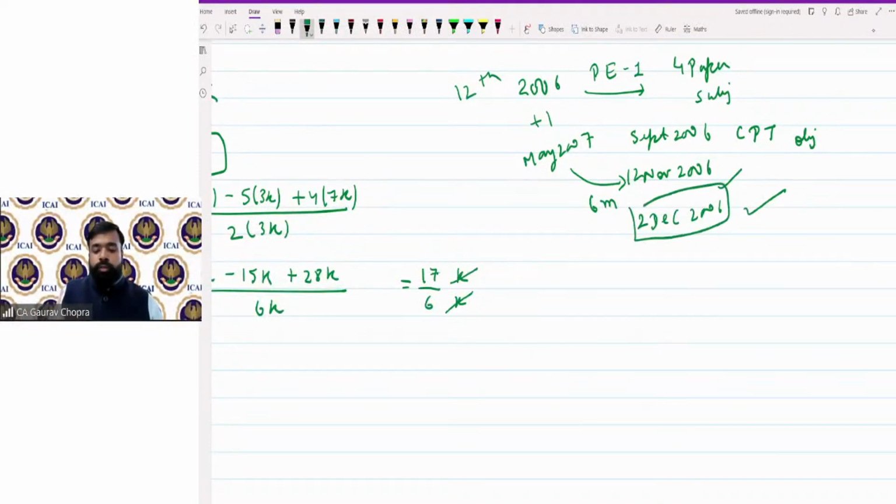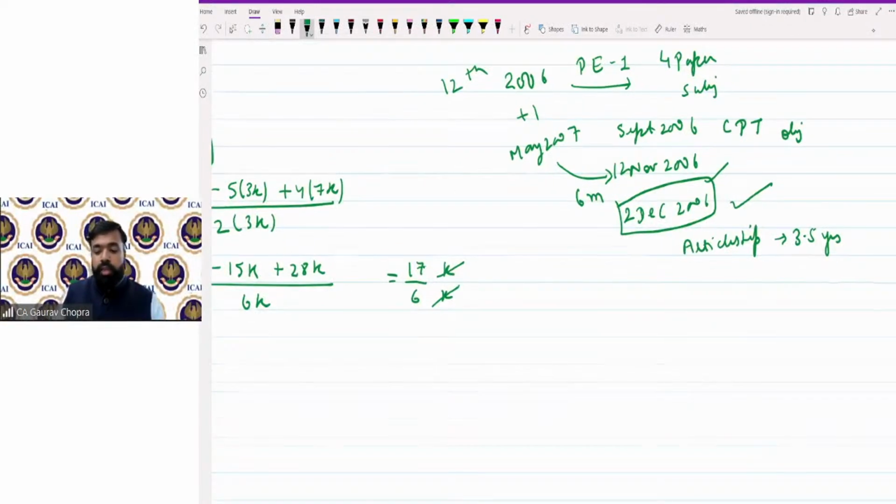And from 2nd December 2006, after CPT, at that time there was articleship. So I started my articleship immediately in December 2006. The duration of articleship was 3.5 years at that time, and I completed my articleship for 3.5 years. And you know what?